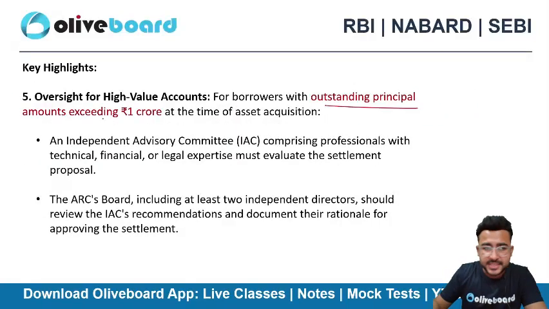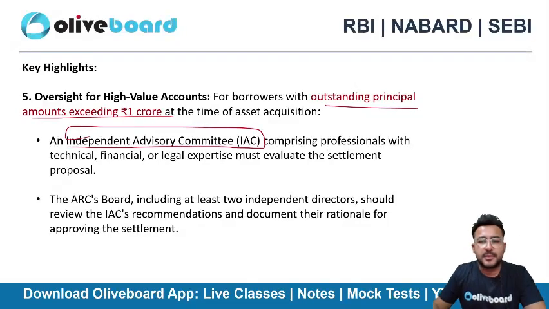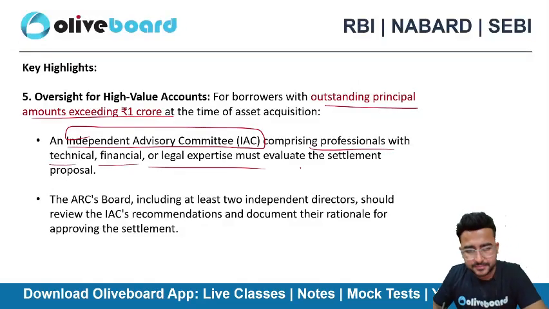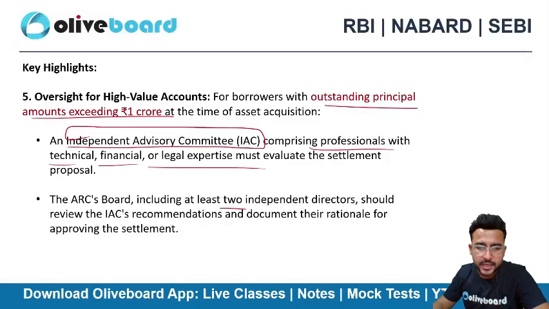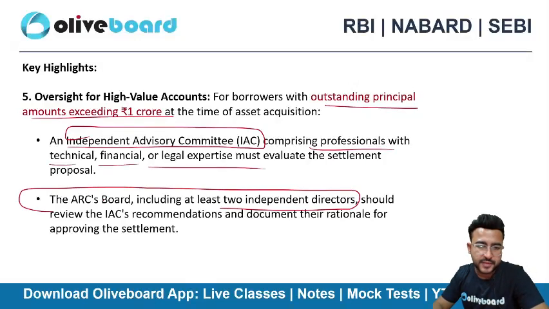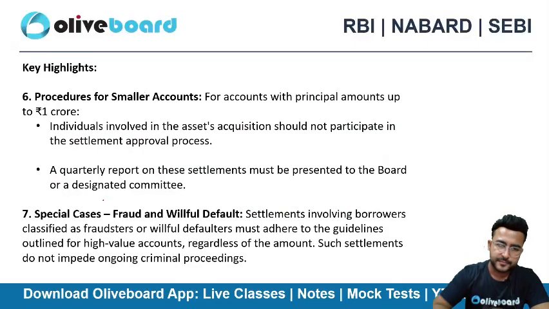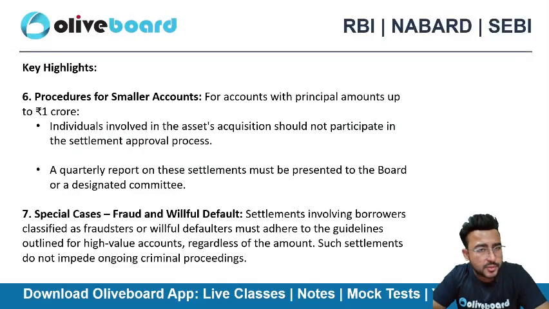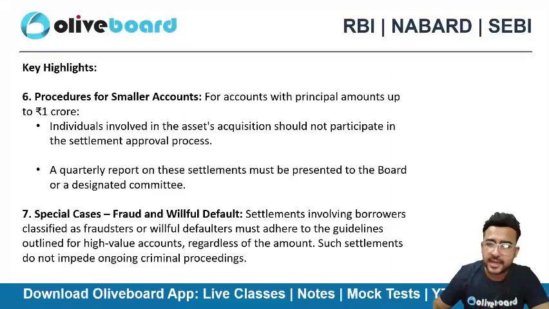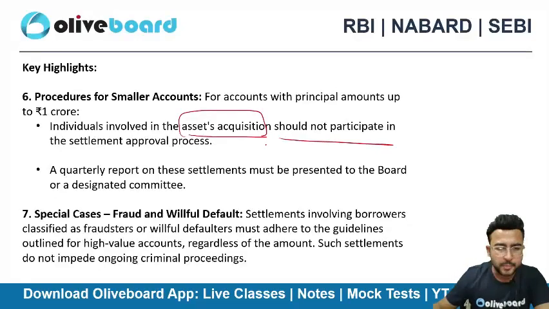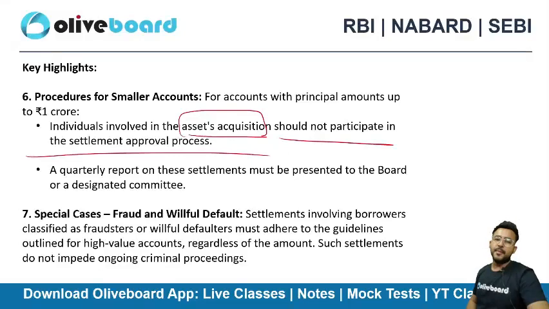If the outstanding principal amount exceeds 1 crore rupees, then an independent advisory committee should be there, consisting of professionals that have technical, financial, legal expertise, right? At least 2 independent directors should also be part of that independent advisory committee. In case of the smaller accounts, let's suppose less than 1 crore, then individuals that are involved in the asset acquisition should not participate in the settlement approval process.